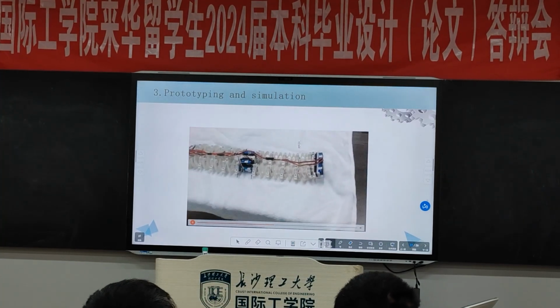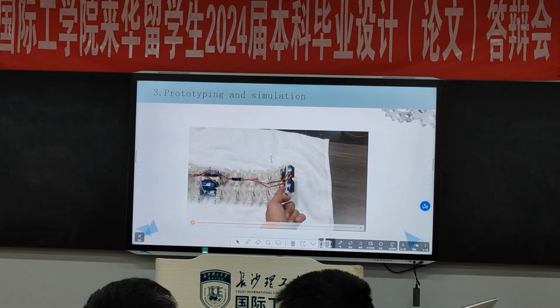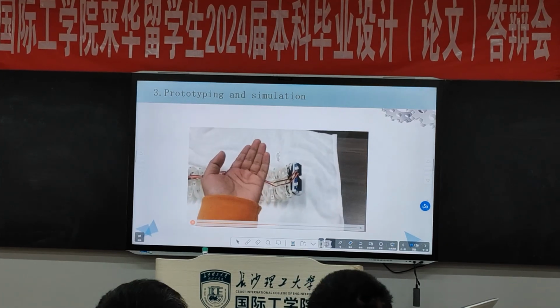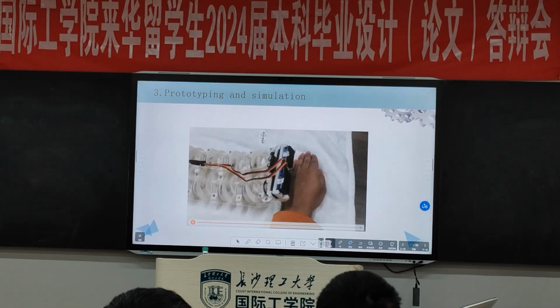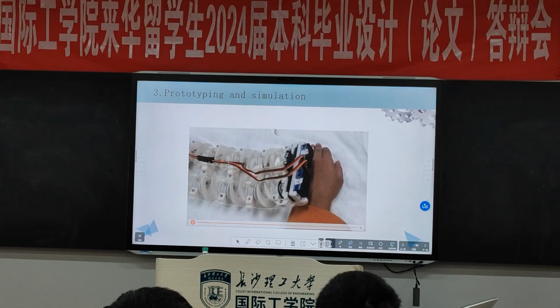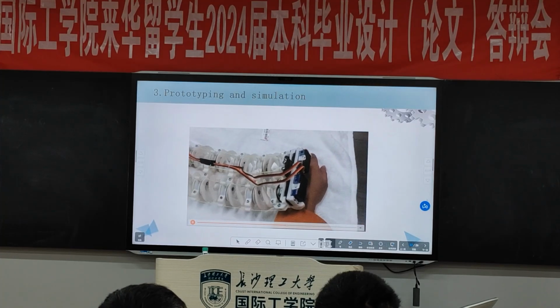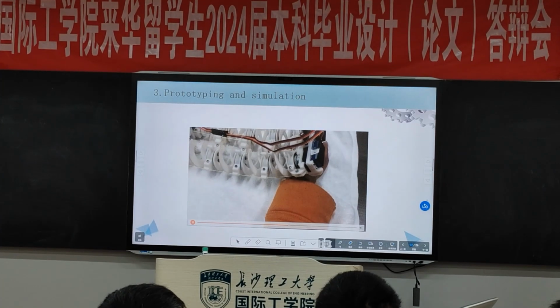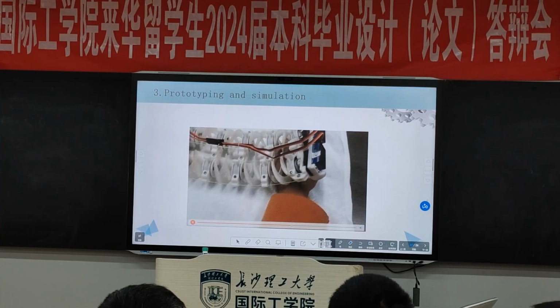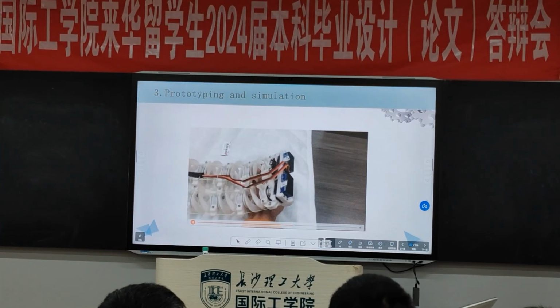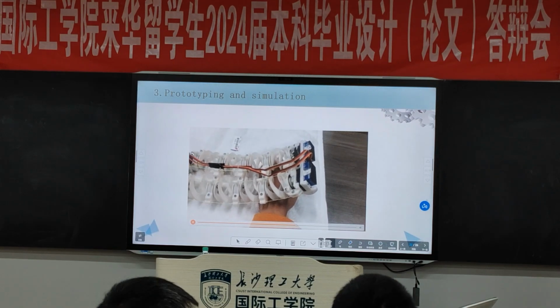So let's check. The head is going up. When there is an obstacle, it will go up and come over the obstacle. Very easy, because it is very smooth in very rough places.